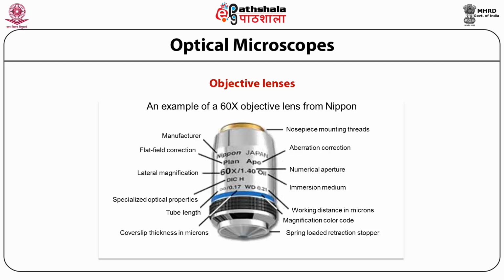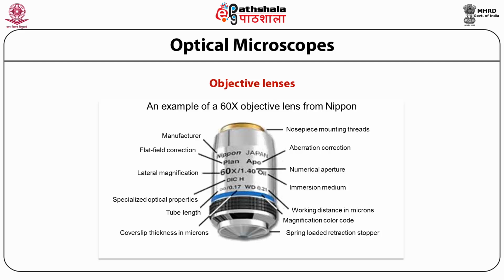And there is another label called DIC, for example. In this case, this means a specialized optical property of the glass used in making the objective lens. Then you have this label, infinity corrected. 0.17 is the thickness of the cover slip that can be placed underneath the objective to see objects.